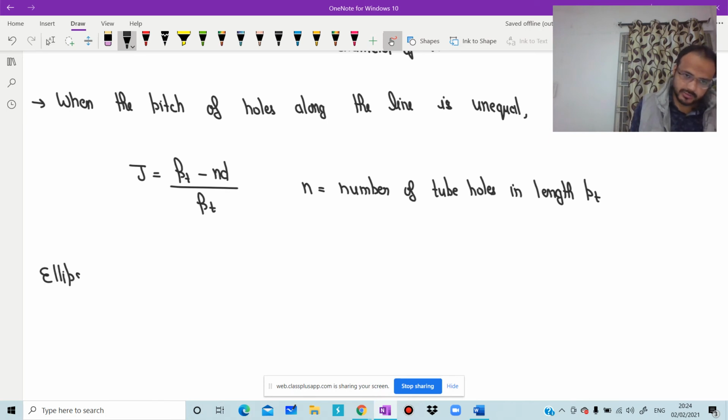Write down one line about it. Ellipsoidal heads.